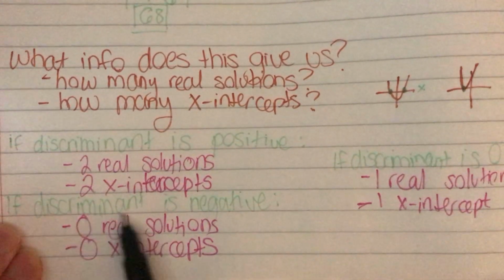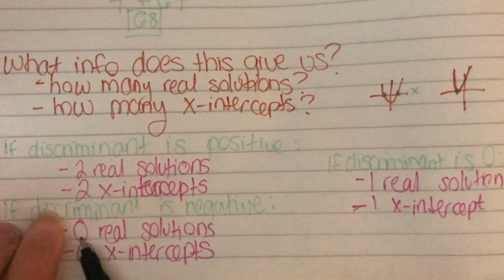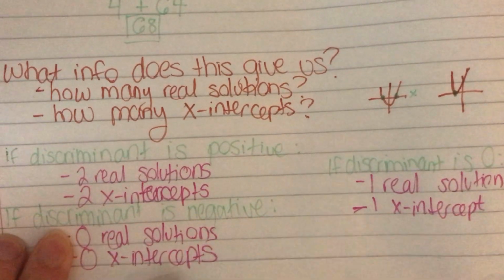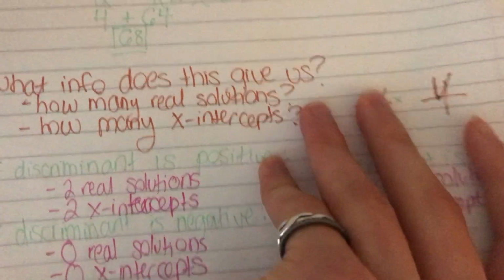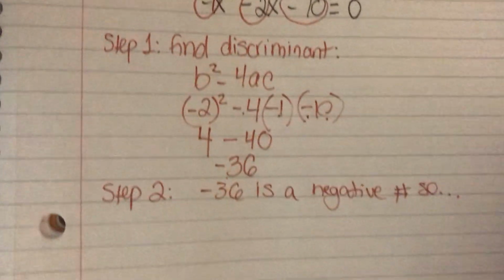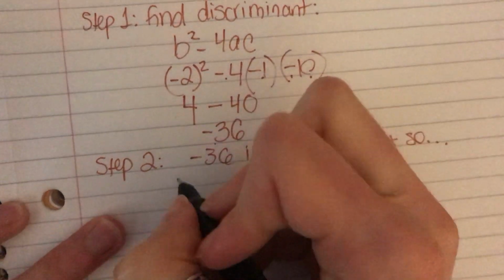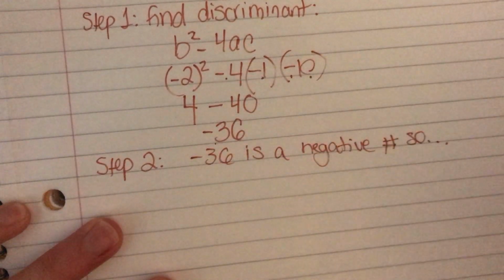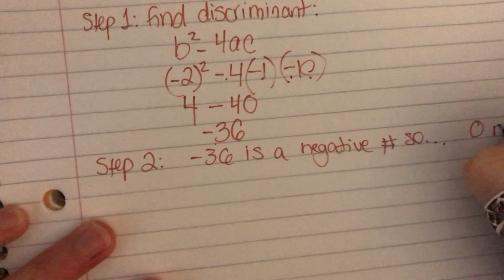So that's this choice. If the discriminant is negative, there are going to be 0 real solutions and 0 x-intercepts. So if we look back at the question, it asked us how many real solutions. And we just found out that because our discriminant is negative, there will be 0 real solutions.